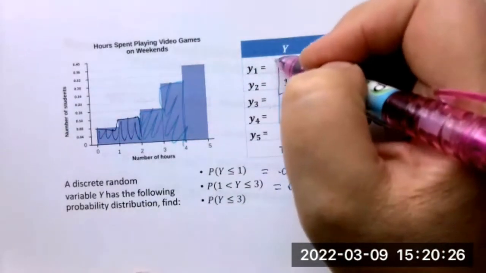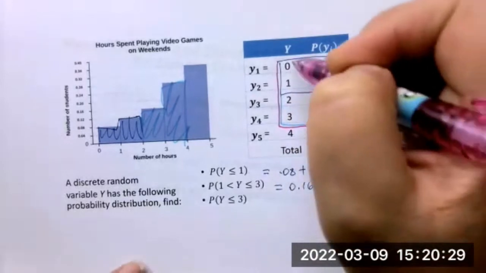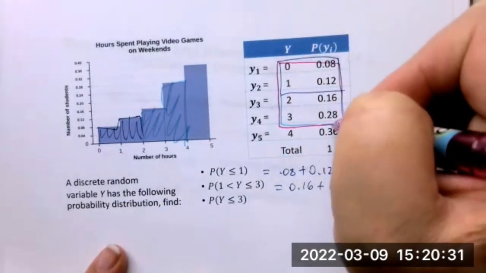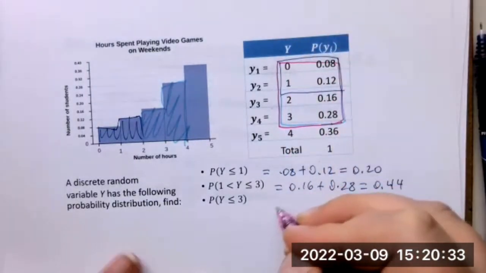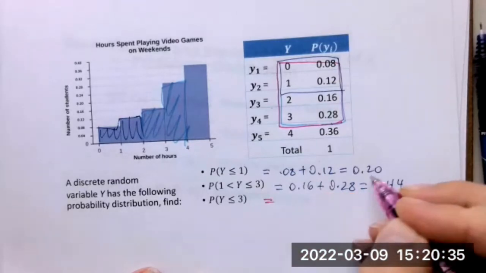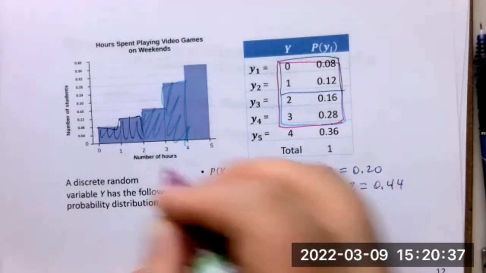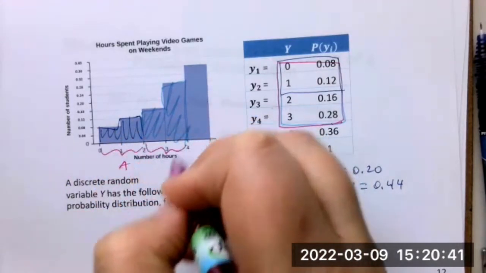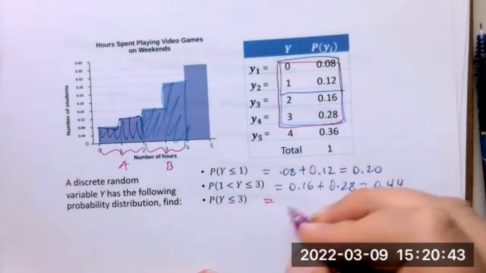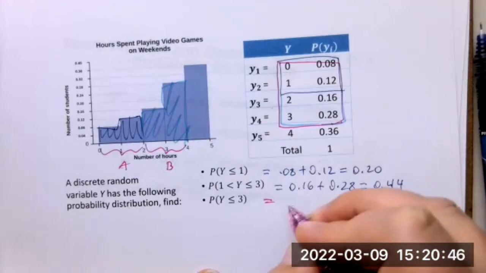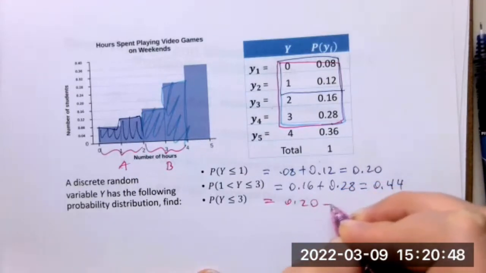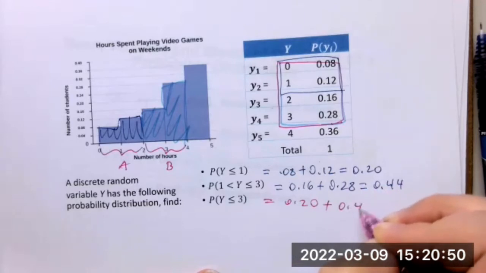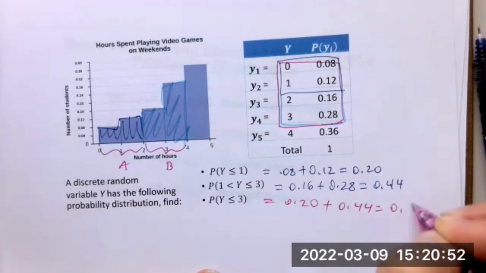And then the probability that y is less than 3 is actually going to include all of these together. If we call this event A and this event B, it's going to be A and B together. It's going to be 0.20 plus 0.44, which is 0.64.